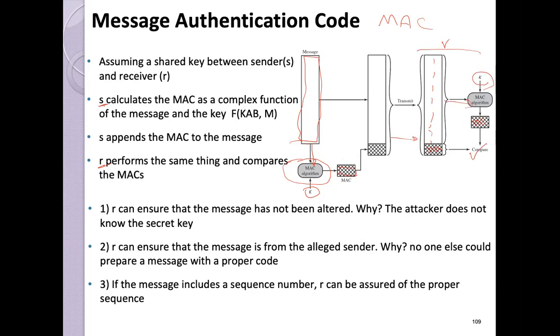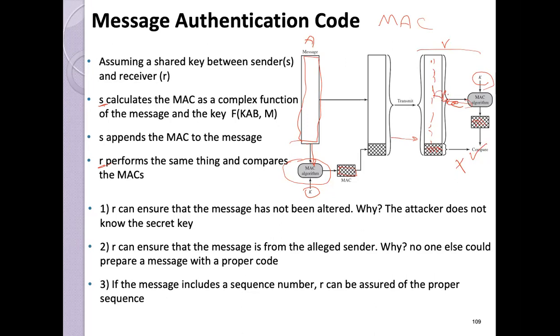If these two match, it means this message came from the sender, let's say Alice, and the receiver makes sure that this is a valid sender and can use that information. Otherwise, if they don't match, it means that although the message claims Alice generated it, this is not from Alice, this is from an attacker, and of course the receiver discards that.